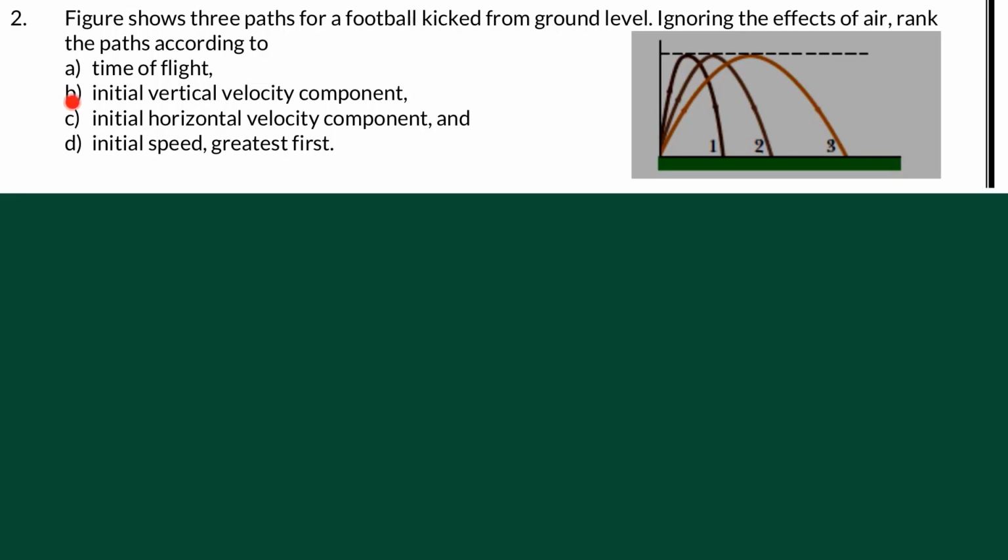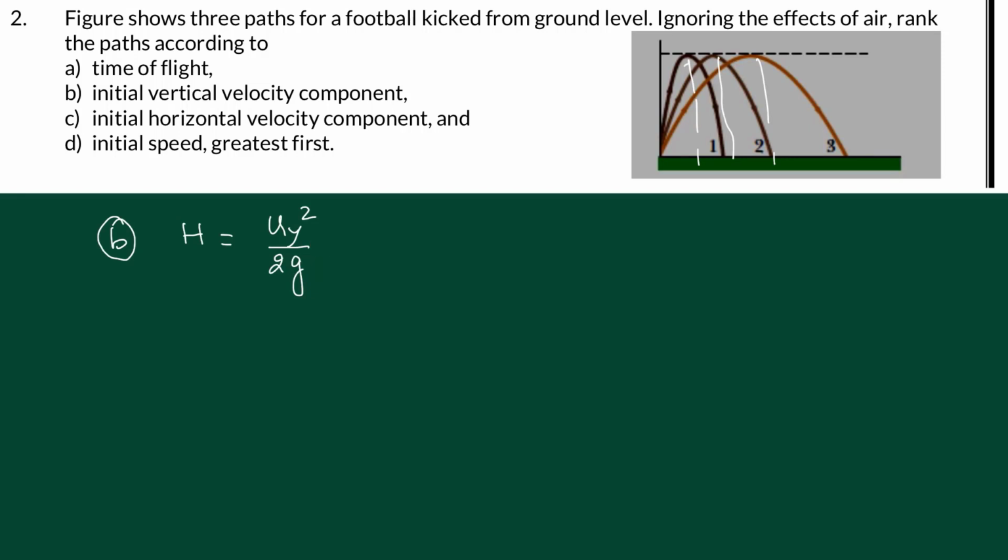Let us start with part B, initial vertical velocity component. According to the diagram, all three attain the same maximum height, and you know the formula for h is uy square by 2g. I have suggested to always use the formula in terms of x component and y component, not u cos theta and u sin theta.